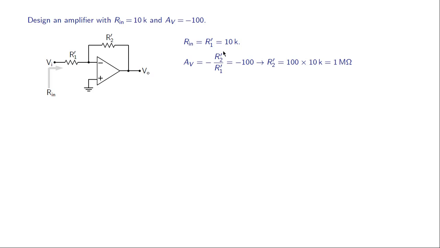What about R2 prime? That is given by the gain now. Since the voltage gain of the inverting amplifier is minus R2 prime by R1 prime, and that we want to be minus 100, that gives us R2 prime. So R2 prime should be 100 times R1 prime, which is 10K. So that comes to 1 mega ohm.